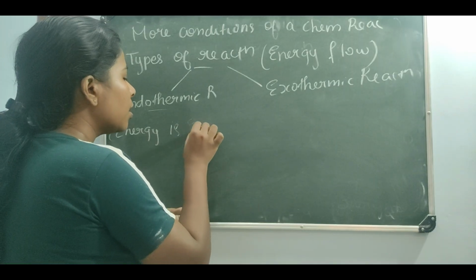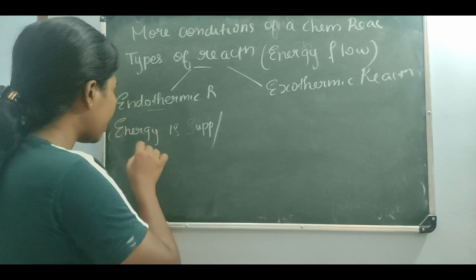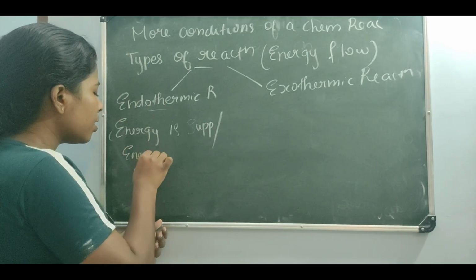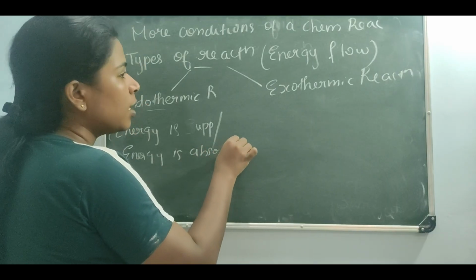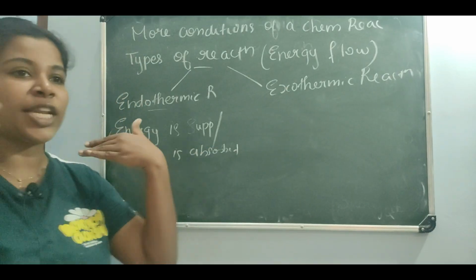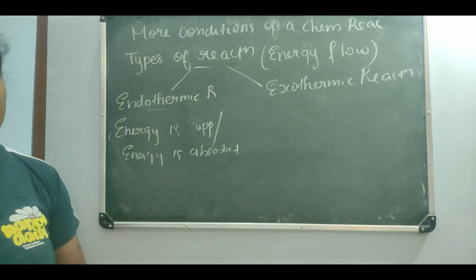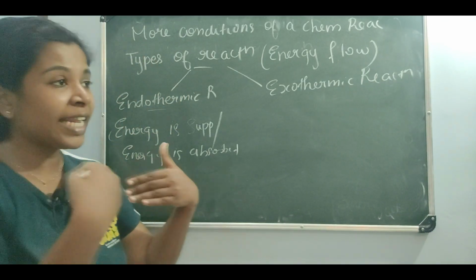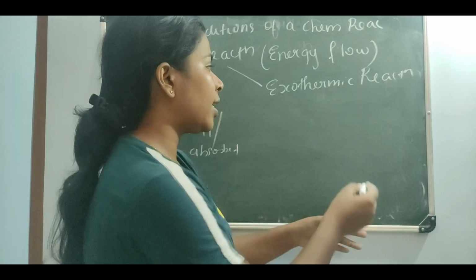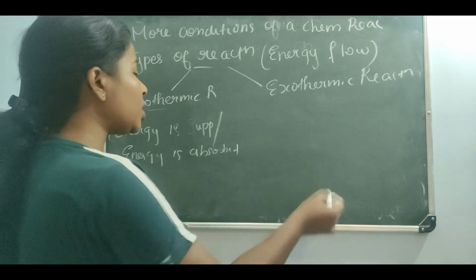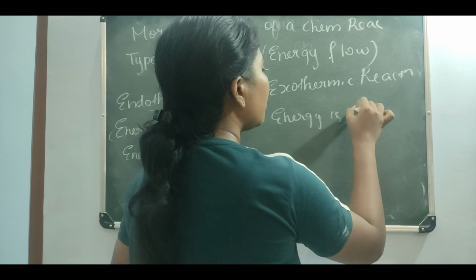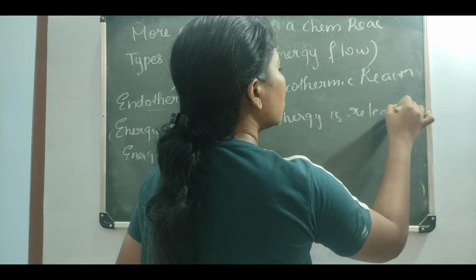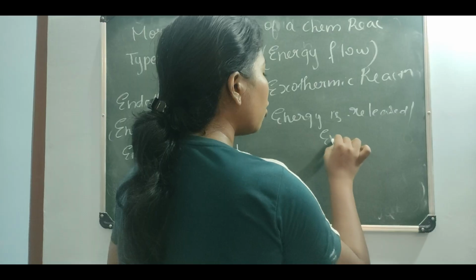Energy is supplied or energy is absorbed. Here what will be exothermic reaction? Exo, out, in which the energy is released or energy is evolved. Exothermic reactions are reactions in which energy is released or energy is evolved.